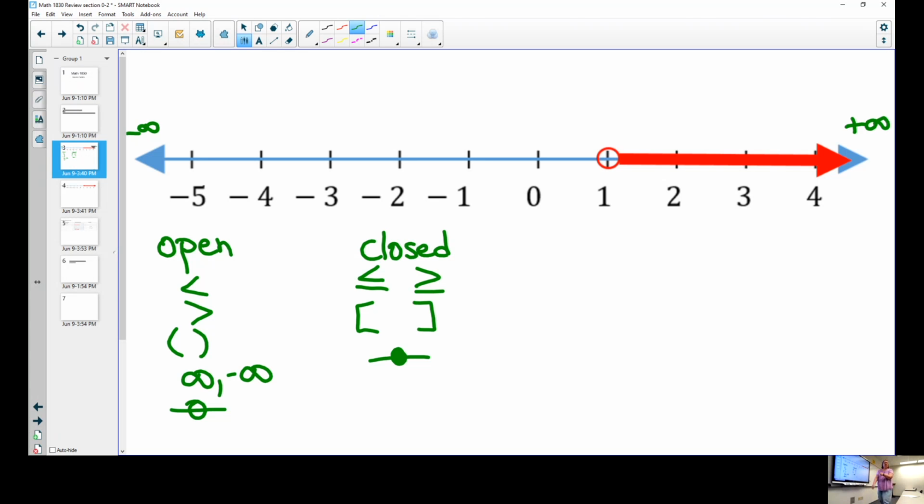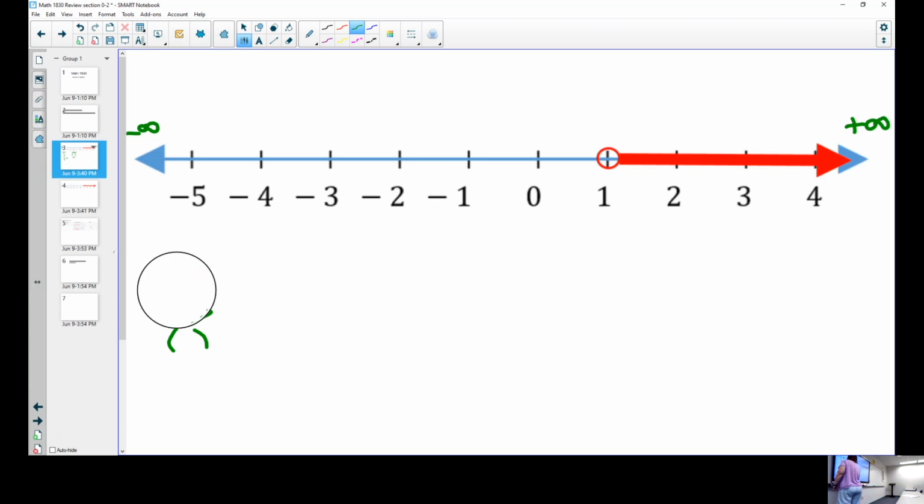We can't go any further. And so we have a place to stop. Therefore, it is a closed interval, and we have an end. If it has an end point, we call it closed, and it stops. And those are the 2 different. If you need to pause, make sure you've got these notes down.